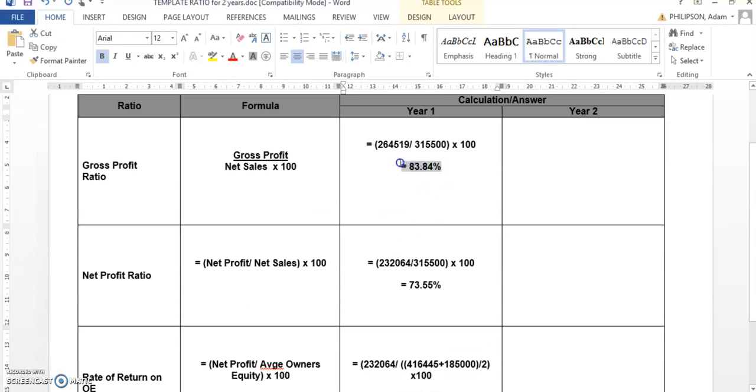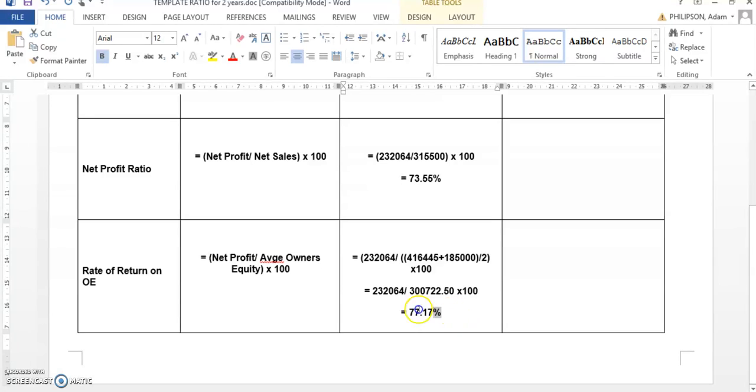So you can see that this here is very healthy and substantially higher than the industry average. Net profit ratio benchmark is 25%, again, incredibly healthy. And in this instance as well, rate of return on owner's equity, 77.17%, significantly higher than the 20% industry average.